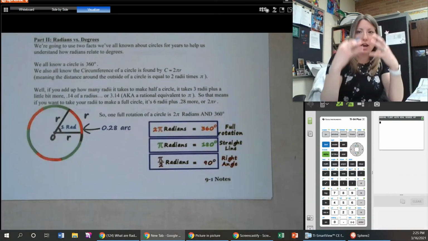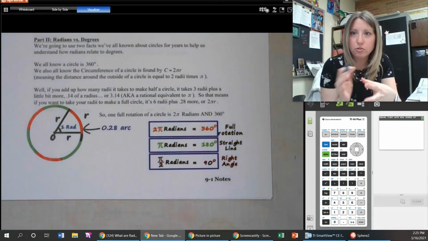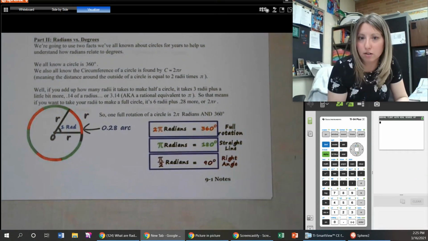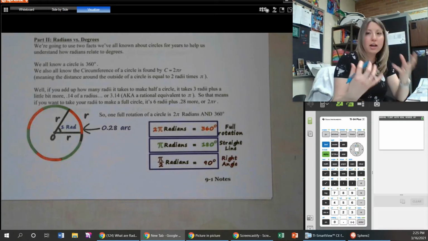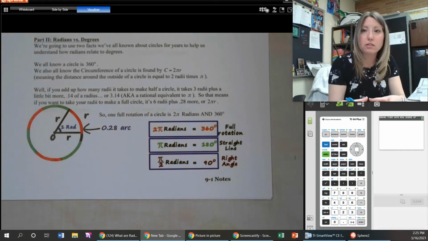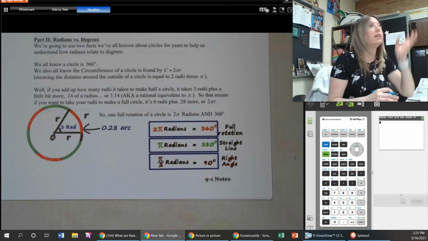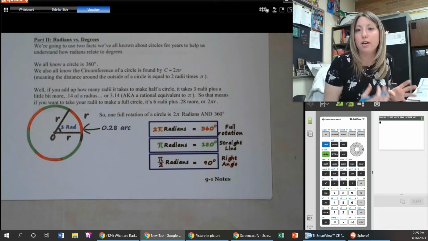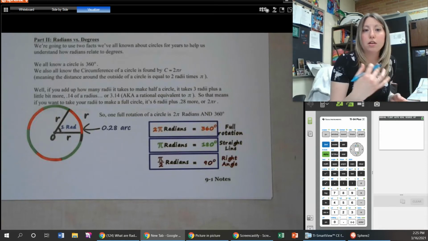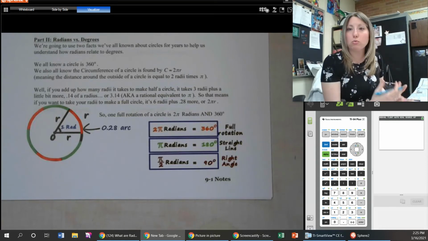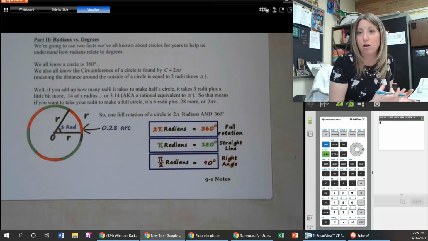So if you do that again, then you'd get a 45-degree angle, and it would be pi over 4. Okay? So that's how these specific conversions help us figure out any other degree conversion as far as radians go. Think of it as when talking about radian measure, you're going to have a pi involved.